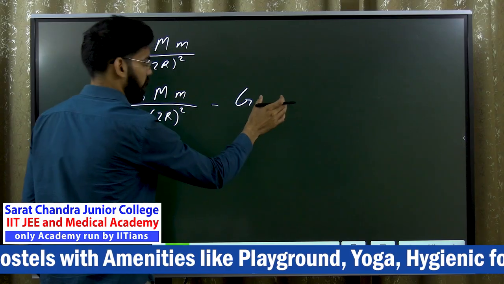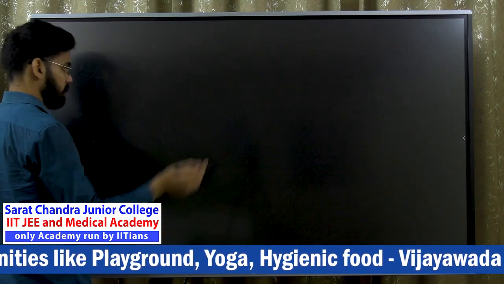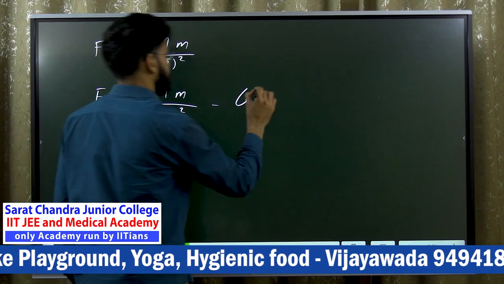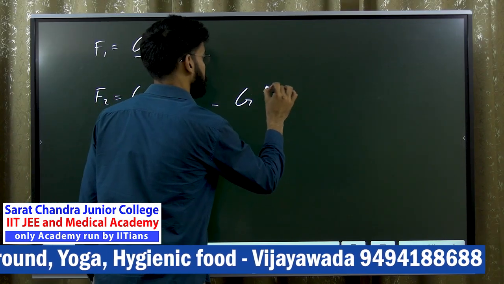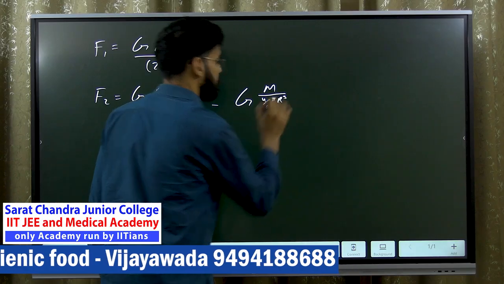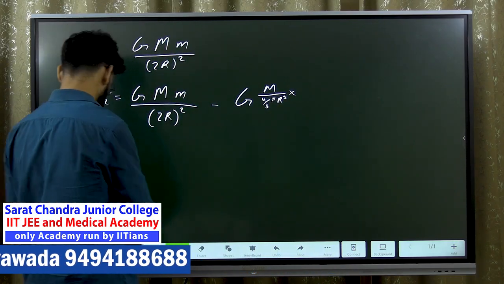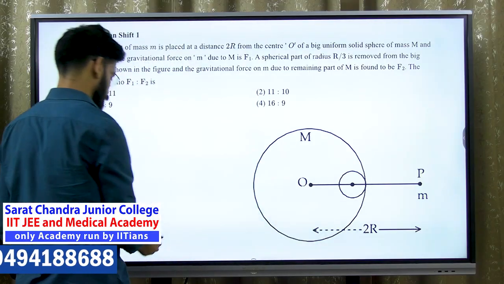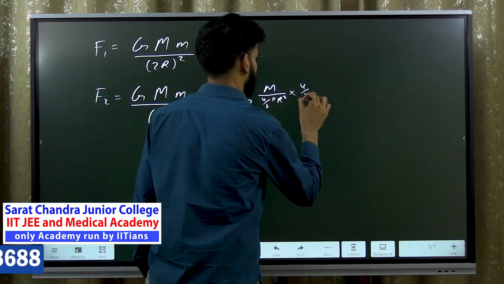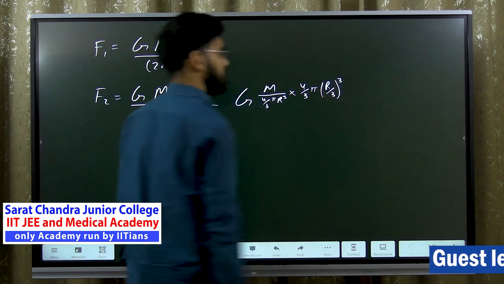G m. Now what is the mass here? This is the mass of radius r by 3, right? So if we consider uniform density, then the density will be M upon 4 by 3 pi r cube, right? Multiplied by the volume of that particular cavity. What is the volume? 4 by 3 pi (r by 3) cube, right?